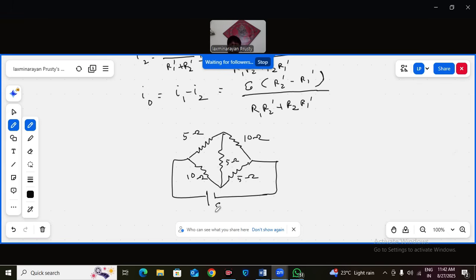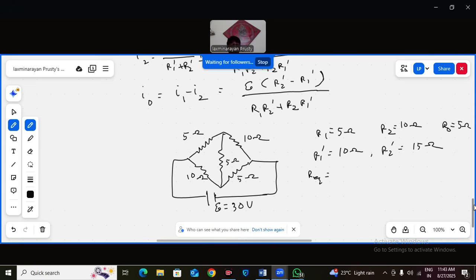Let's say EMF is 30 volt. So here I am writing R1 is 5 ohm, R2 is 10 ohm, R0 is 5 ohm, R1 dash is R1 plus R0, 10 ohm, R2 dash is R2 plus R0, 15 ohm. So what is R equivalent?